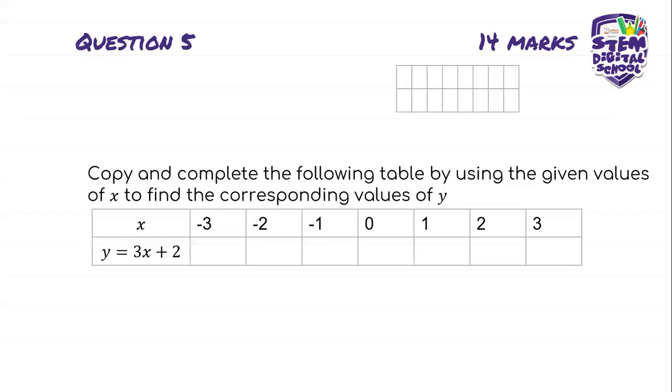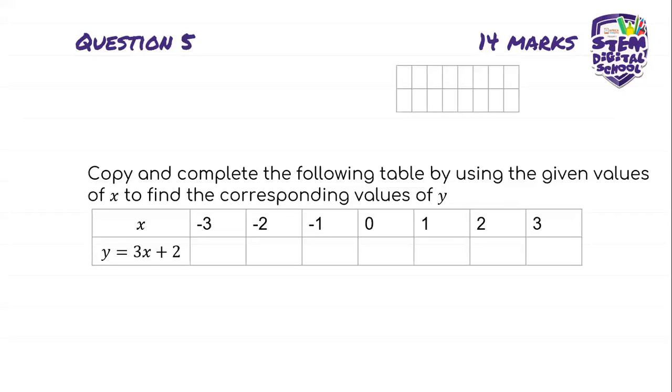And then the third one again is negative 1. If you put negative 1 times 3, you get negative 3, and negative 3 plus 2 is negative 1.